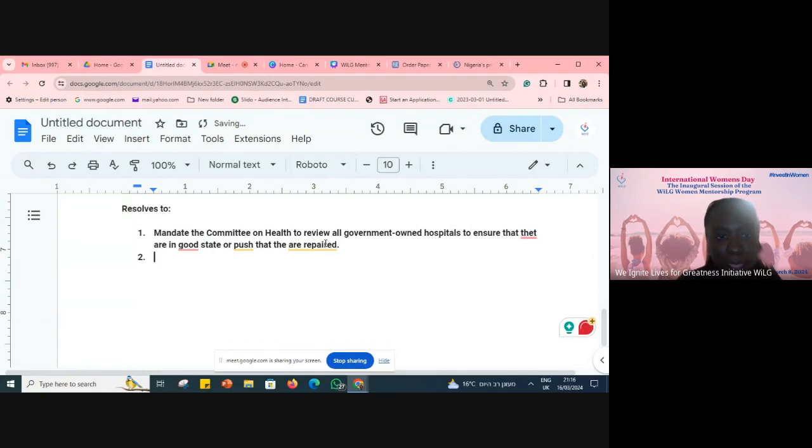So if we're urging, when you come to the Ministry of Health, we would urge the Ministry of Health to review all government-owned hospitals and ensure that the facilities are up to date.